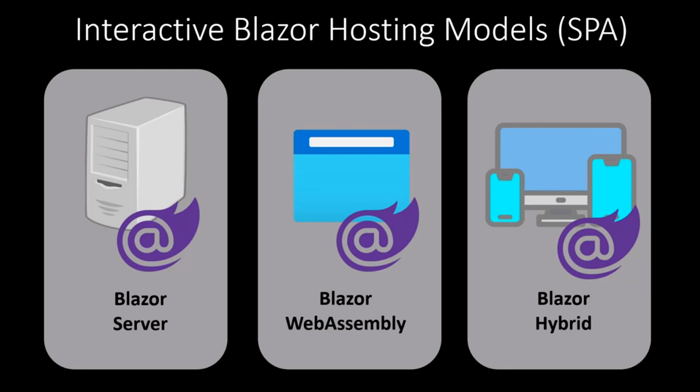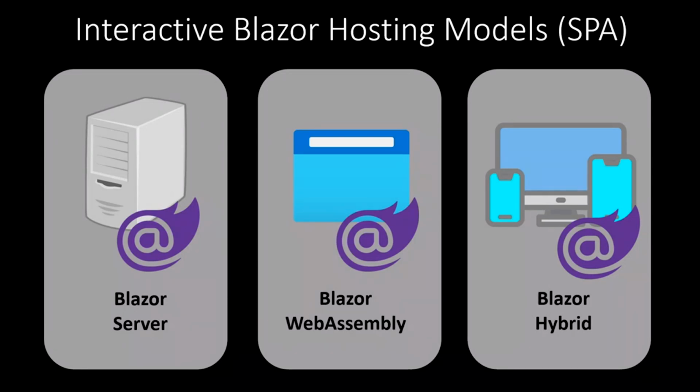Blazor Hybrid essentially uses a web view component that runs on a device that can render Razor components to produce UI output. And so in this model, you're not using Blazor Server and you're not using Blazor WebAssembly, so you're not using SignalR or WebAssembly. This is C# code that's actually executed natively on the device itself.